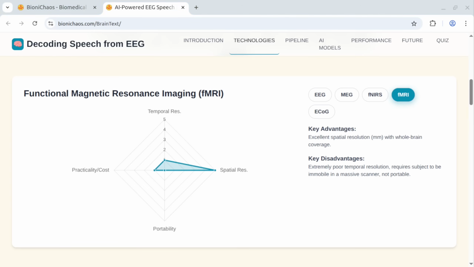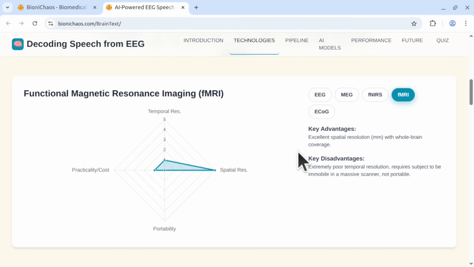The radar chart for fMRI shows the following. Temporal resolution. fMRI has an extremely poor temporal resolution, indicated by the point being very close to the center of the axis. Spatial resolution. fMRI has excellent spatial resolution, with the point at the outermost part of the axis. Practicality/cost. fMRI is very expensive and less practical, similar to ECoG.